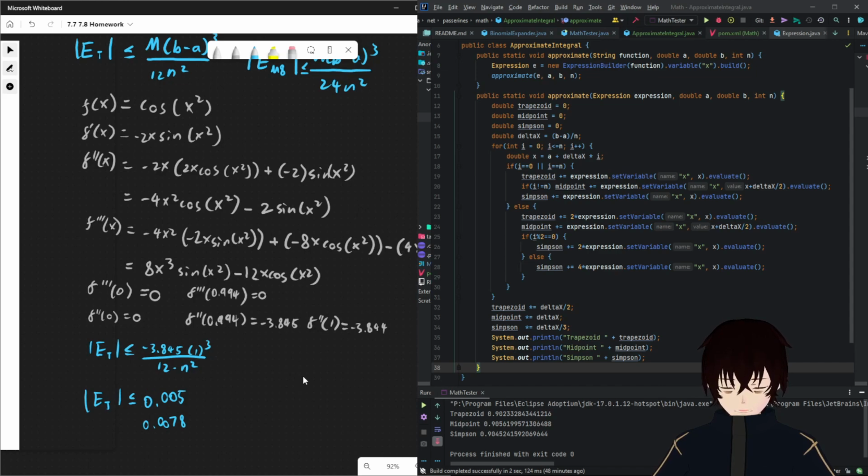Hang on a second. Integral of cosine of x squared from 0 to 1.